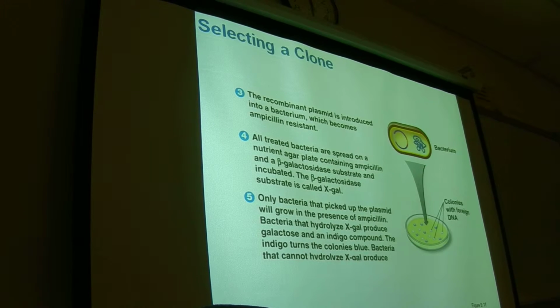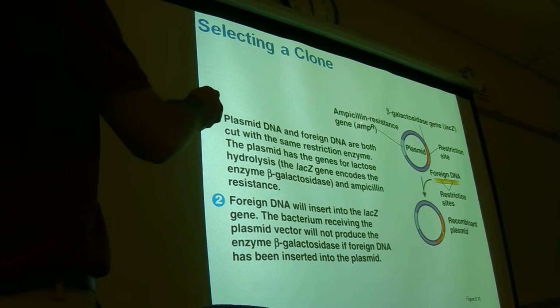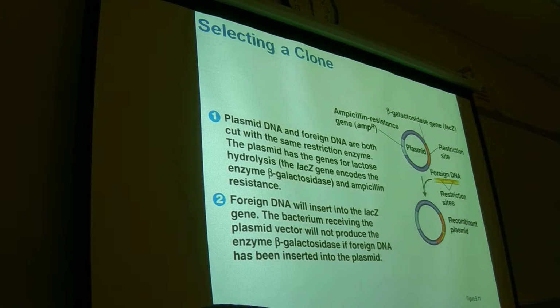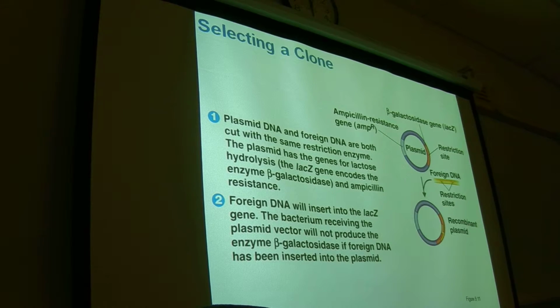So basically what you have is usually a resistance gene to some kind of antibiotic. Okay? And what that helps you do is you take the cells that you've transformed with your plasmid and you grow them in media that has, in this case, ampicillin in it, which kills bacteria.